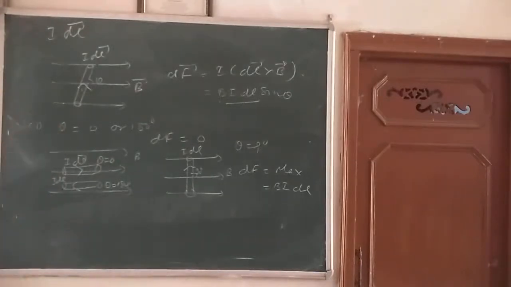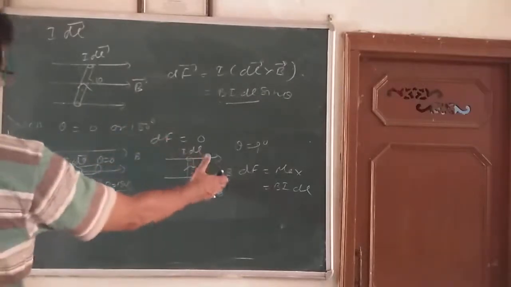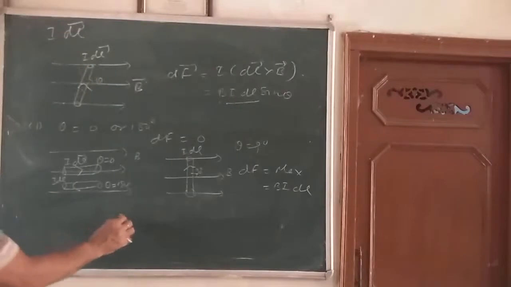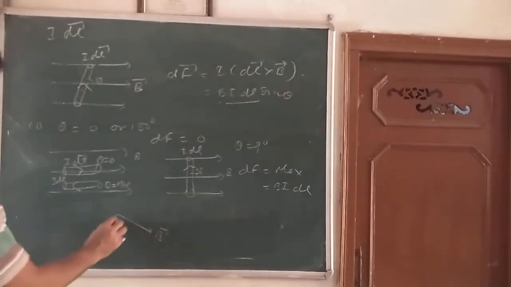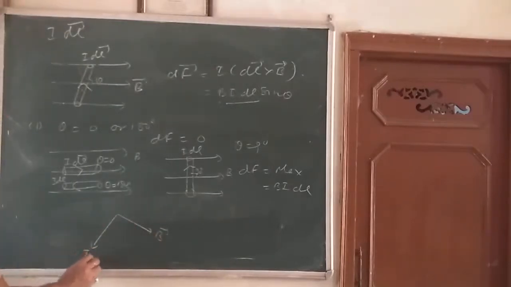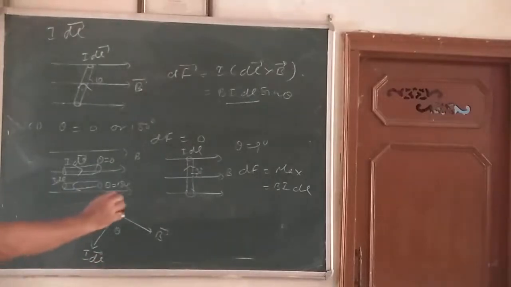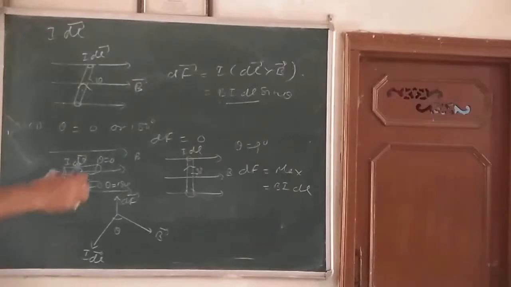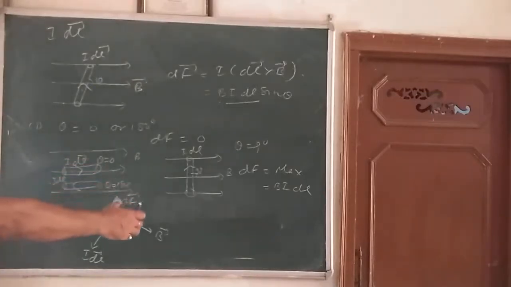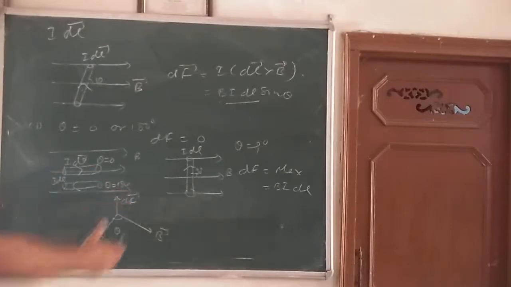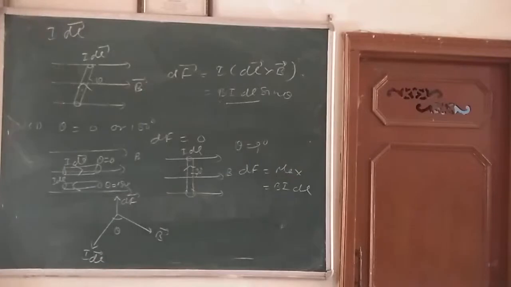So the direction of the force is always perpendicular to the plane containing I dl and B. Suppose your direction of magnetic field is this one, the direction of I dl is this one, making an angle theta. तो ये जो तीसरा डायरेक्शन है, that direction gives the direction of force. So the direction of force is always perpendicular to the plane containing I dl and B. This is according to the Fleming left hand rule.